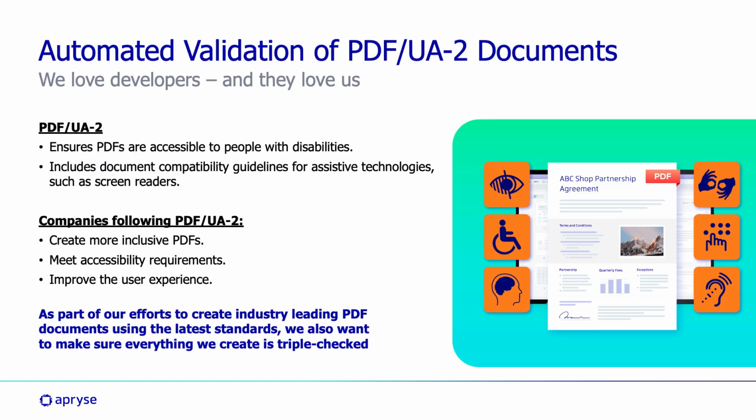So another thing: with iText 8, we had already implemented automated checks to assist with the creation of valid PDF/UA documents. For instance, let's say you have an image in a PDF file, and PDF/UA mandates that you need to have an alternate description of the image.